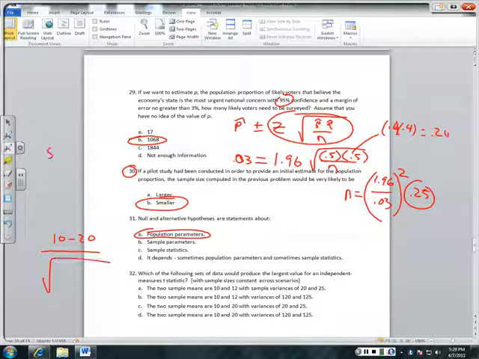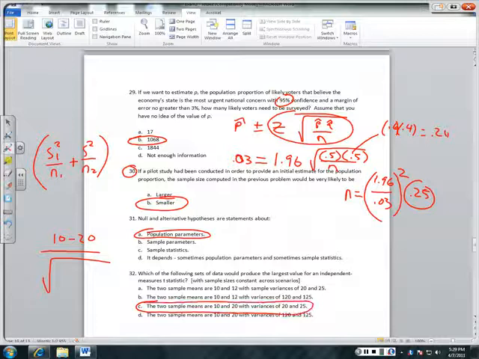Remember, that's the square root of s squared 1 over n1 plus s squared 2 over n2. And so the smaller those are, the bigger the number is going to be. And so the smaller variances are here with the larger differences. That's C.